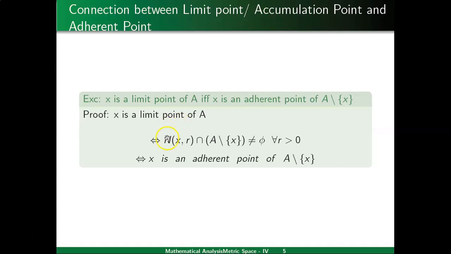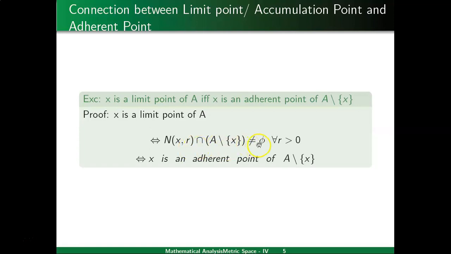Symbolically, if you take N(x, r), an open sphere about point x, then N(x, r) intersection A minus {x} must be non-empty by the definition of accumulation point of set A.